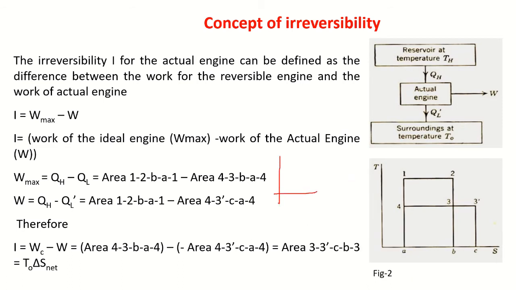Let us say this is T1, and this one T0, and you have got the maximum work, correct, and this is all a reversible engine.